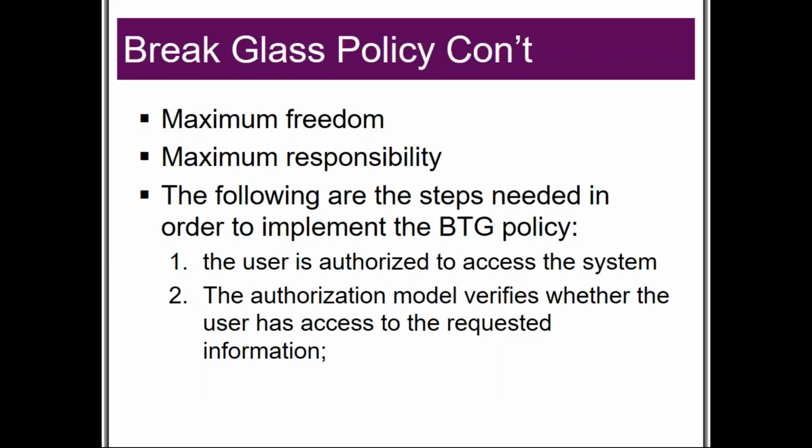So the system has to provide mechanisms that show the user who takes that exceptional action, who uses that emergency situation, an alert message. Let me take a step back.